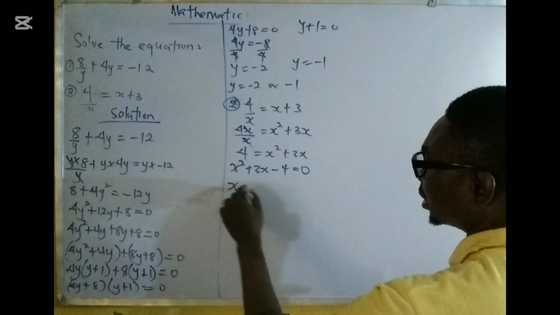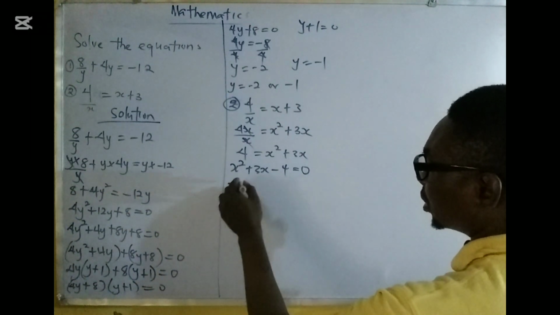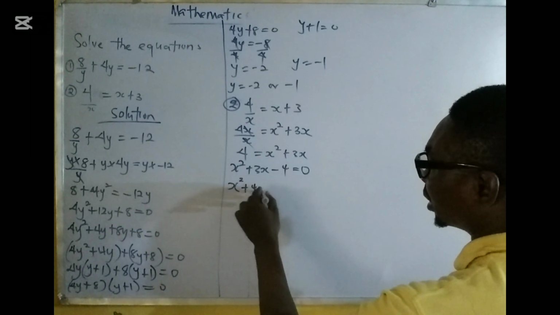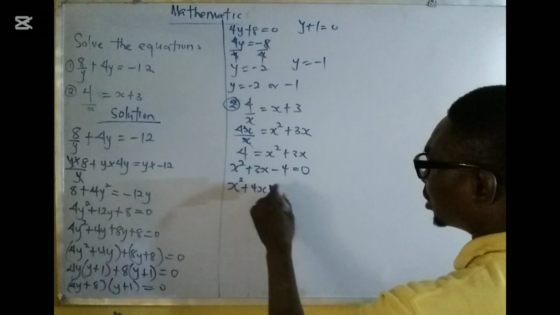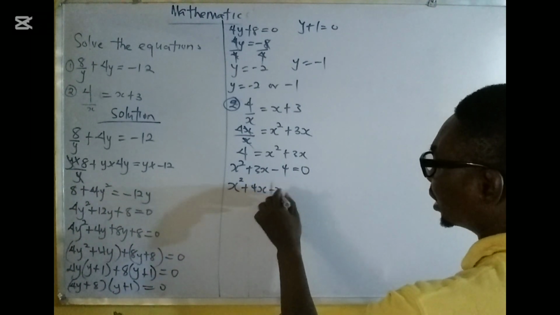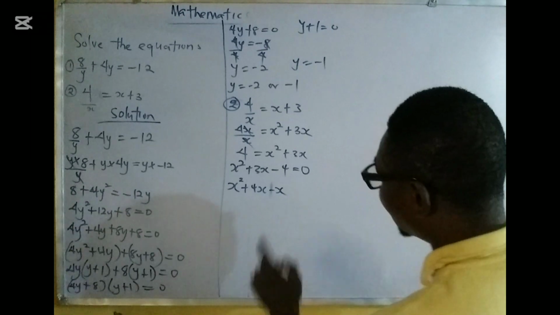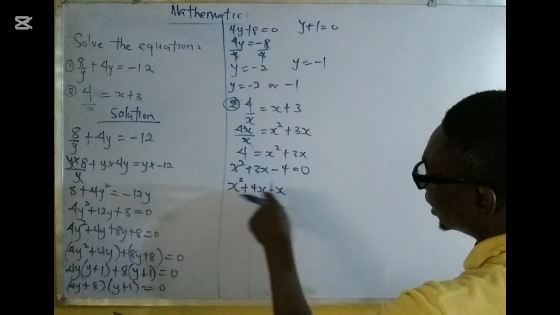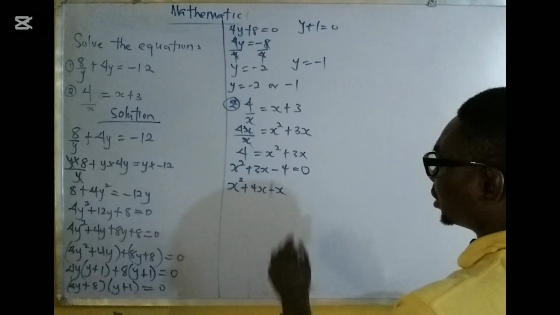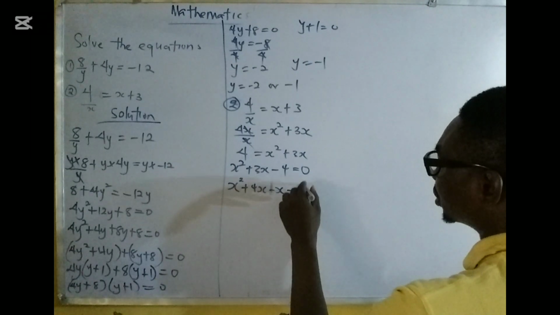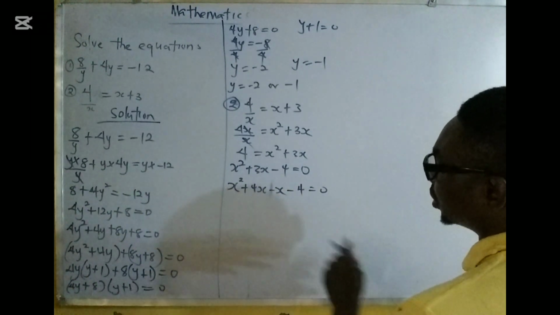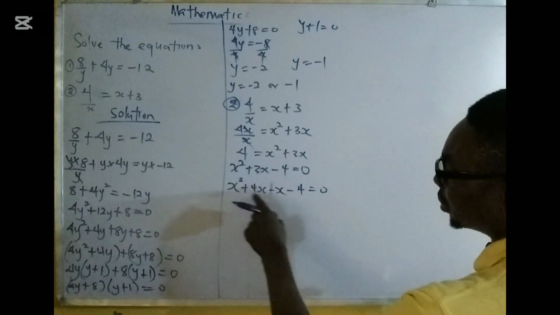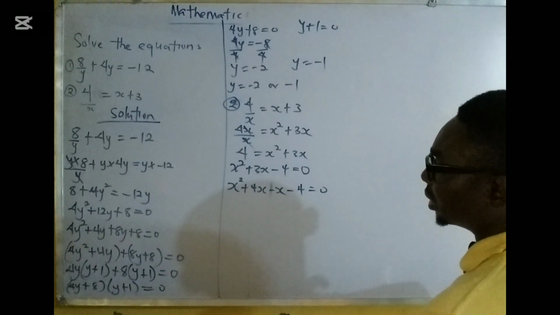x squared plus 4x minus x. That is now 1x, because the coefficient of the x is 1. So minus 4 equal to 0. You can see that the middle term now is equal to this, because 4x minus x is 3x.